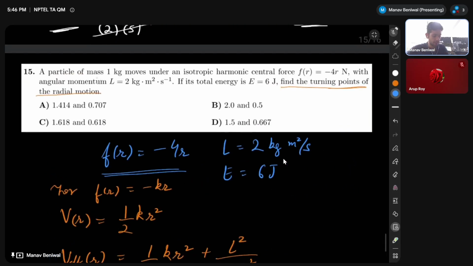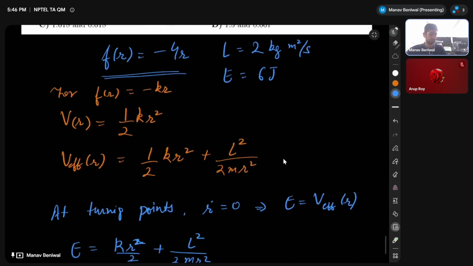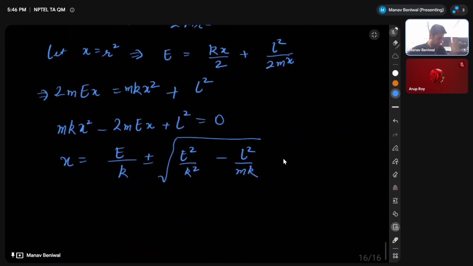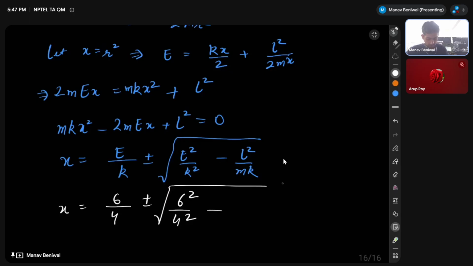We are given m as 1, L as 2, E as 6, and k as 4. So if we now start plugging in the values, this becomes 6 over 4 plus minus under root 6 squared over 4 squared minus L squared, L is 2, so this becomes 4, and m is 1, and k is 4.